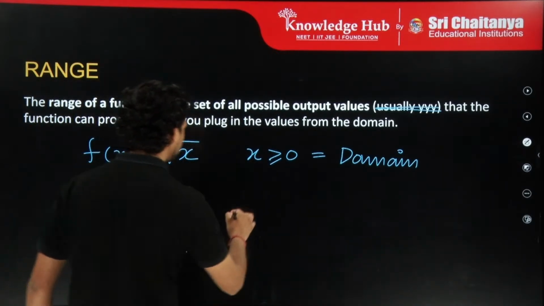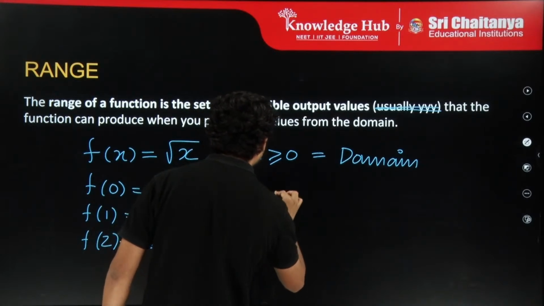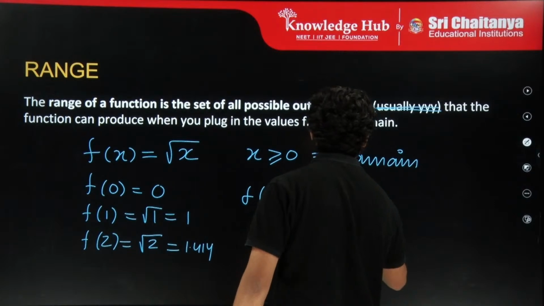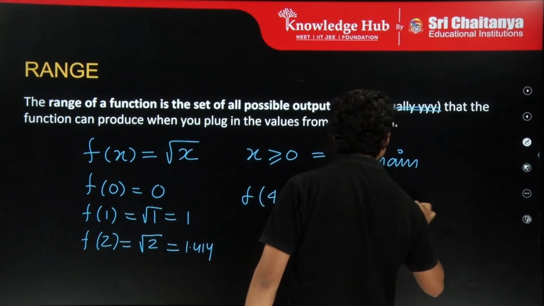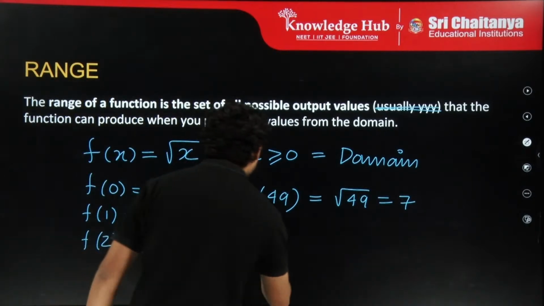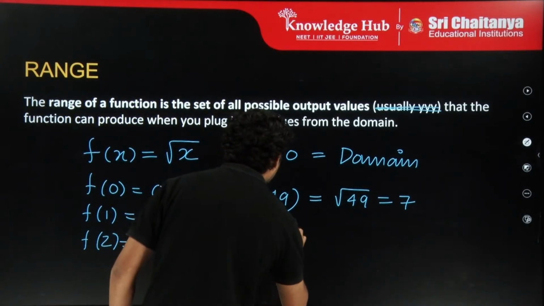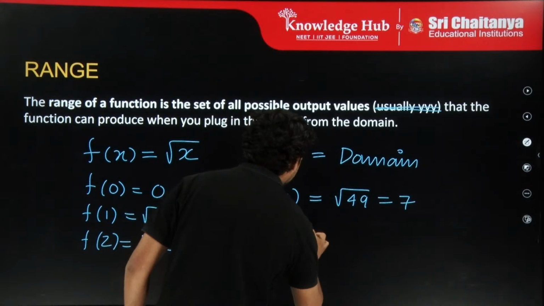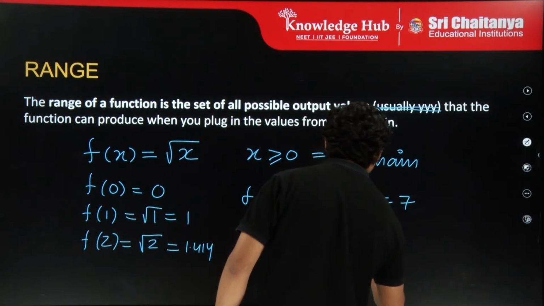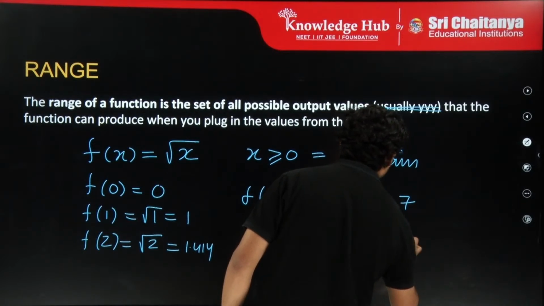Now let's suppose I put x equals to 49, so what do I get? Root 49, that is 7. So now I can put anything here, right? If I put, let's say, 10,000, what do I get? Root 10,000 equals 100.